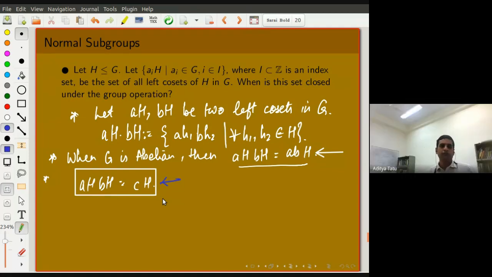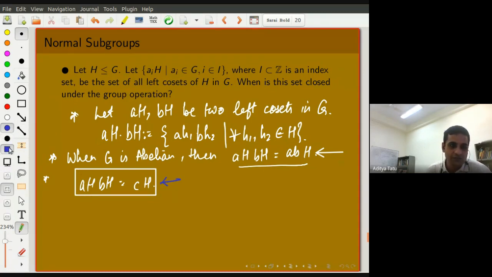Try to find the left cosets in, let's say, D3 and verify if this property is true. Okay, I realized I am running out of time, so maybe it makes sense to discuss this in the next class. But as a homework, maybe take these examples.